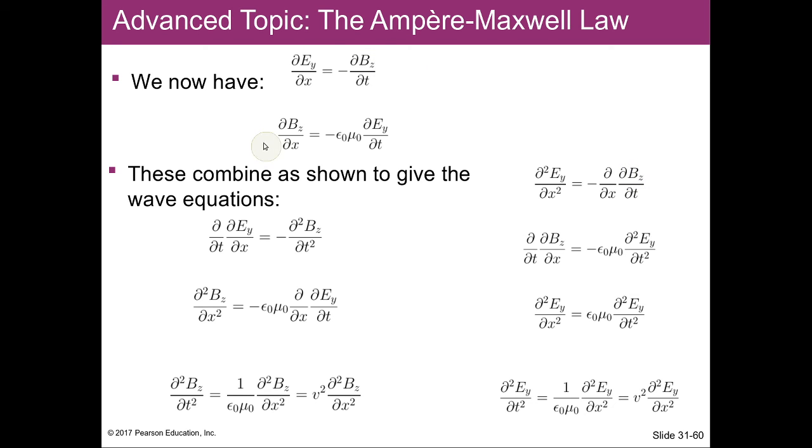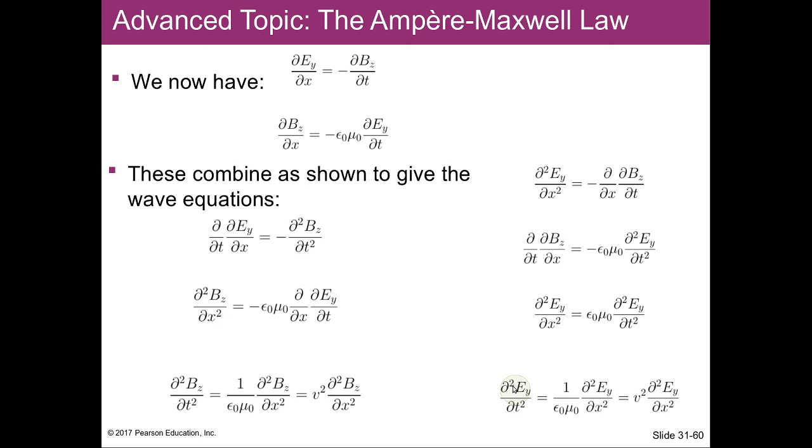I want these to look similar, so I take a time derivative of the second equation, and then I recognize that the derivatives are interchangeable, so these two things up to the minus sign are the same. And so this here is equal to this here, the two minus signs multiply to plus 1. And then let me again change it around and divide this to the other side. I have the same term for the velocity squared and the wave equation also for the electric field.